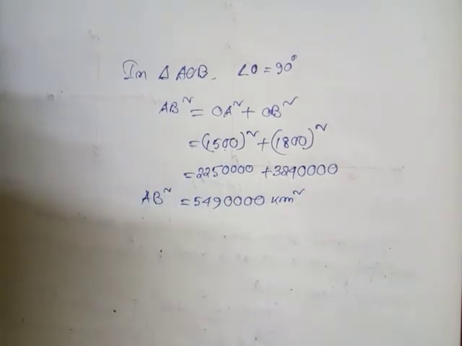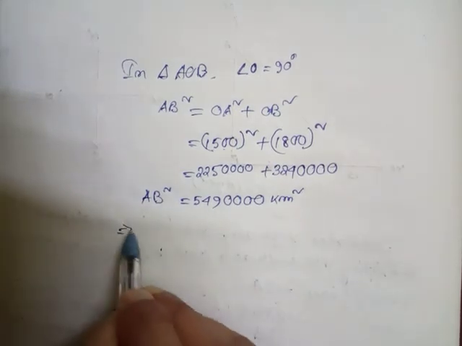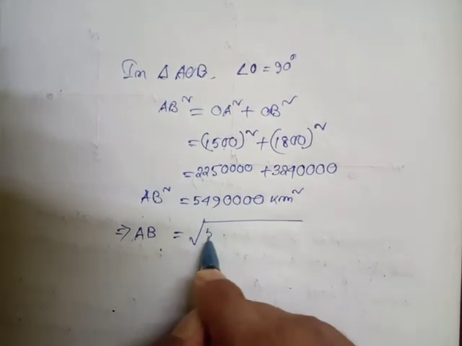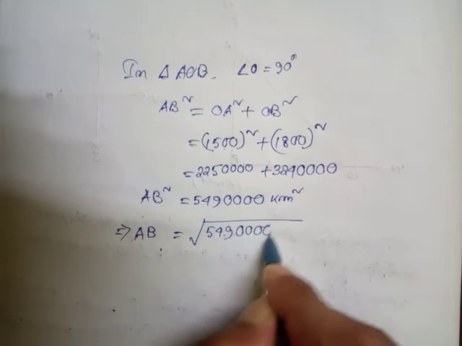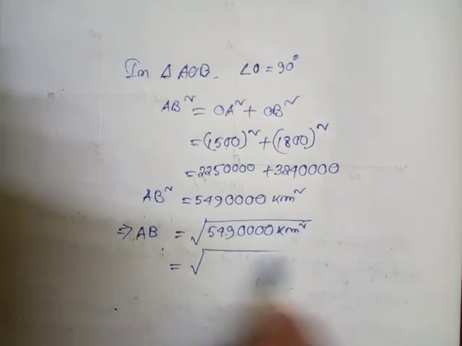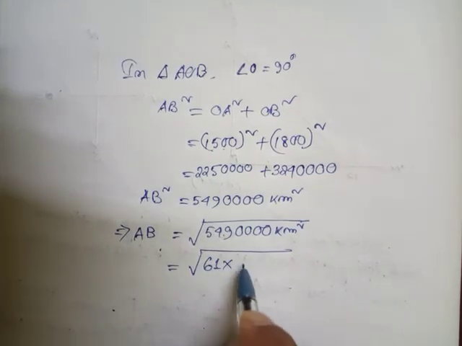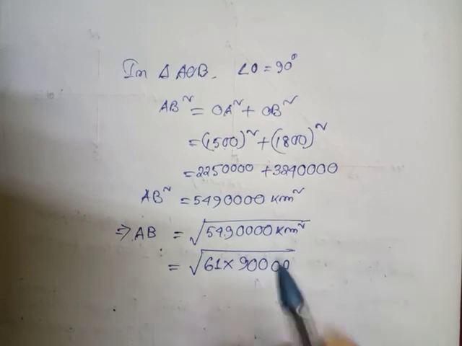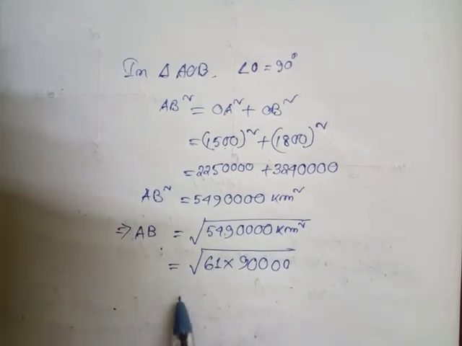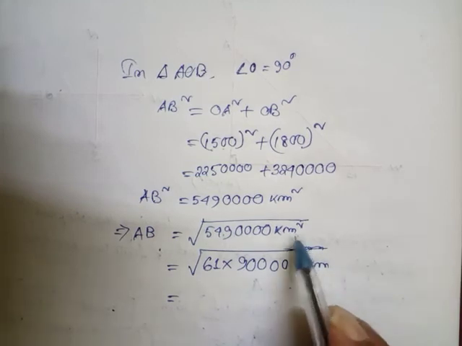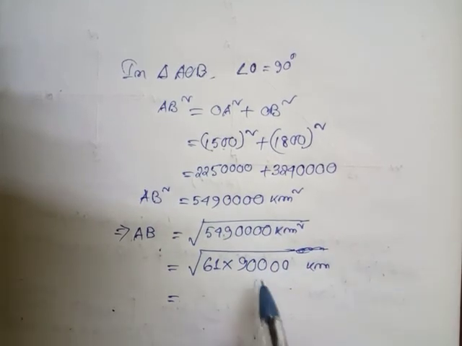Now student, look here. If I want to remove the square from the left hand side, there will be root 549, then 0 0 0 0 kilometer square. After that there is root over 61 into 9, 0 0 0 0. Students, I have already done this portion in the rough page. The square root cancels kilometer square, so this could be kilometer.